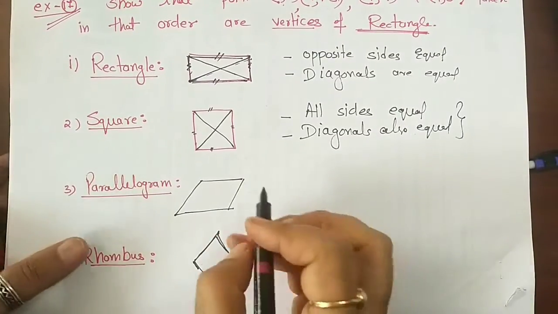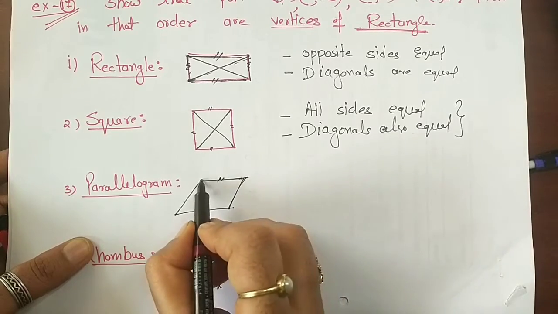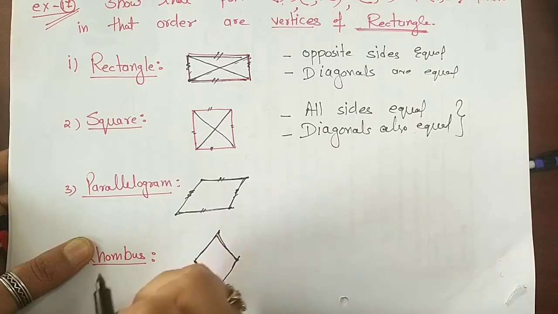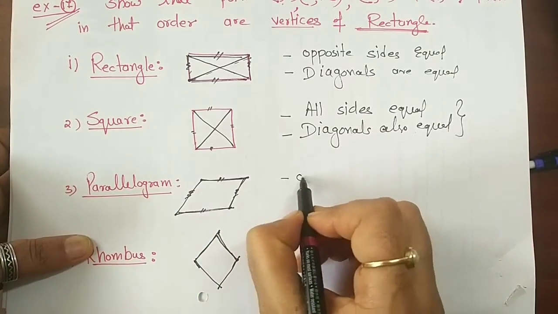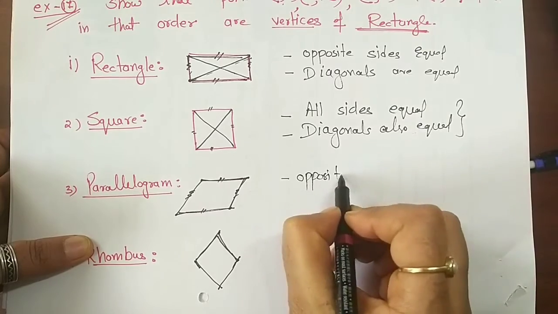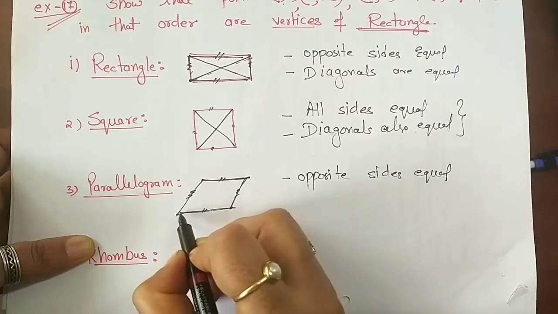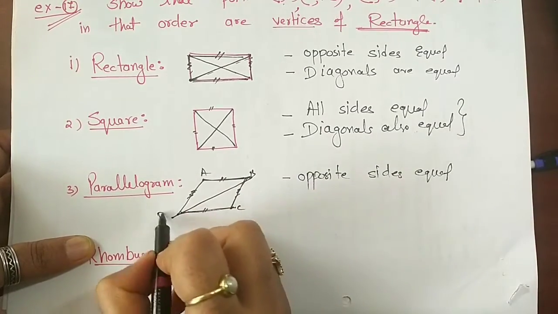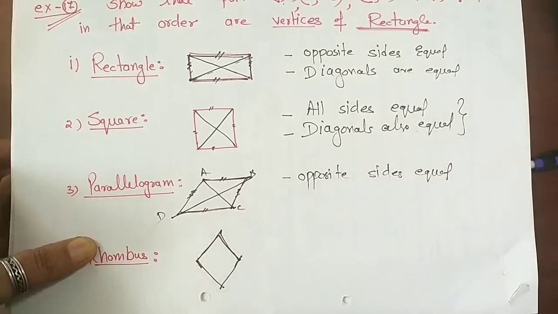Next, if you have to prove a shape is a parallelogram, this side is equal to this side, this is parallel to this and equal, and this side is equal to this, correct? So I can say opposite sides equal. But if you see carefully, suppose this is A, B, C and D. This diagonal DB is much longer than diagonal AC.